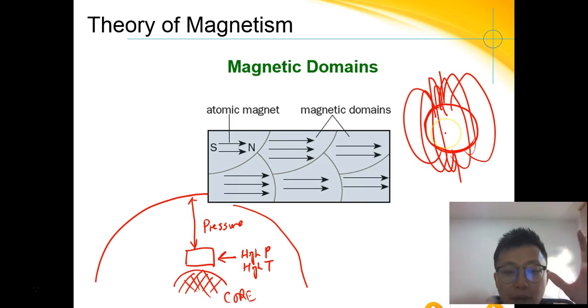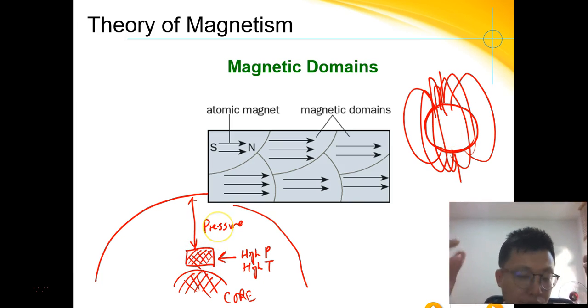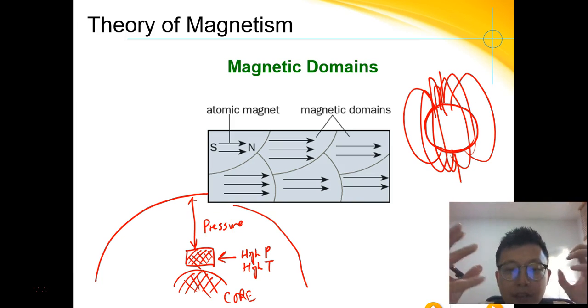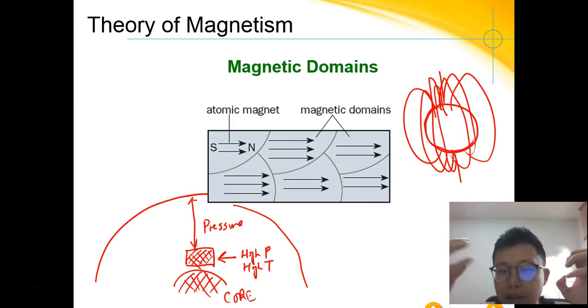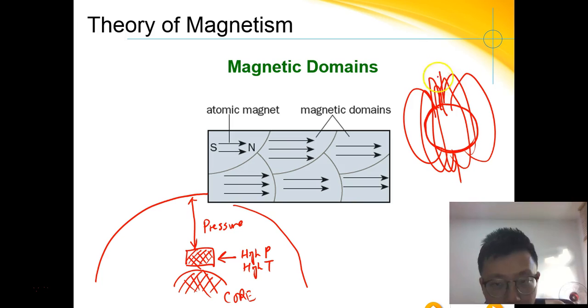So what happens is that when you have a mineral that is deep under the earth and it is under high pressure and high temperature, its particles are very energized, meaning that they are very mobile. And because of that, and that you have a magnetic field from the earth, the magnetic field from the earth will start to slowly align the domains in a singular direction.